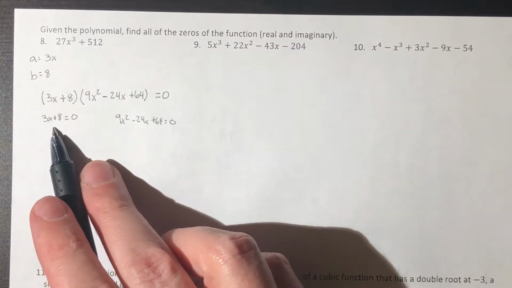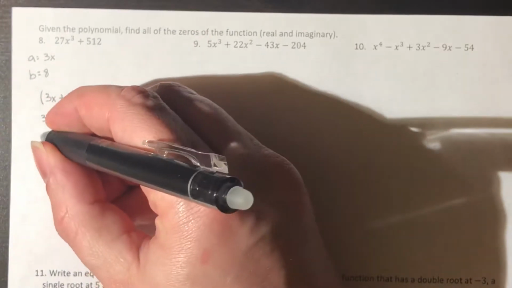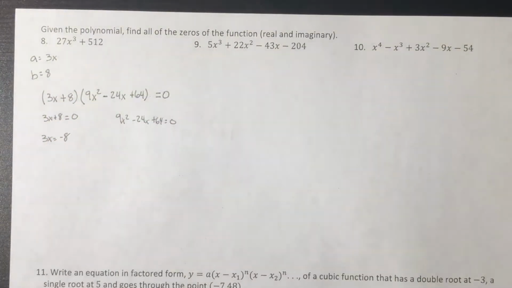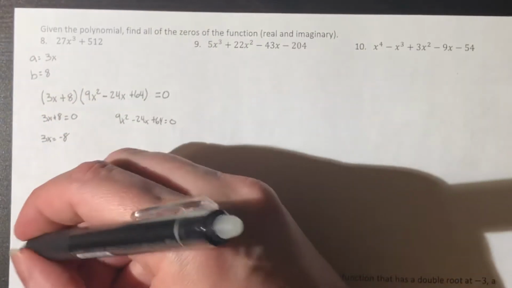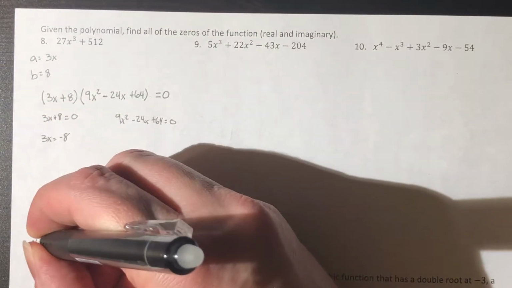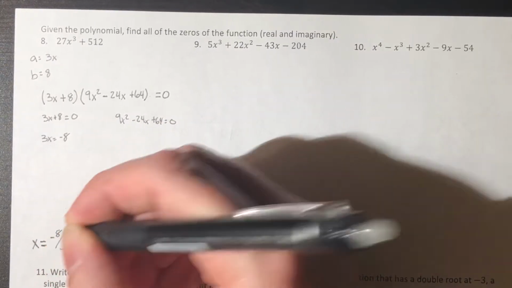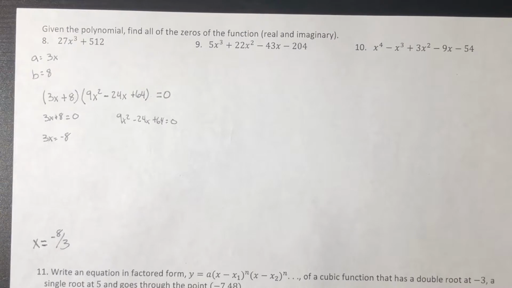Starting with this one, it's rather easy. We just subtract 8 from both sides. So I have 3x equals negative 8, and then divide both sides by 3, where I get x equals negative 8/3.